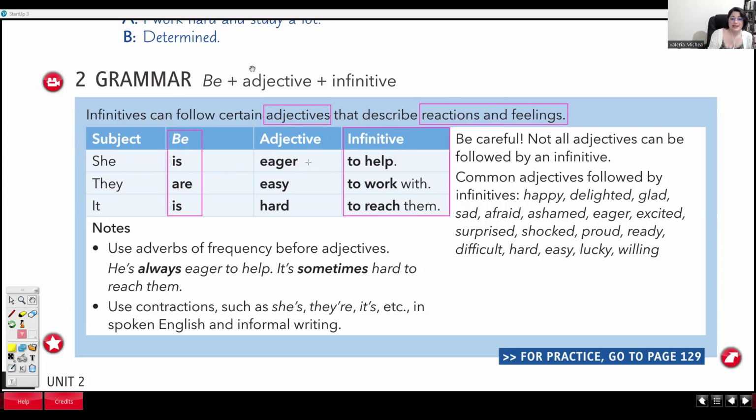Or you can say they are easy to work with. Also, people who never play hard on your job are people who are very collaborative. So yeah, those kinds of things. And also you can say it is hard to reach them. What does reach mean? Reach.